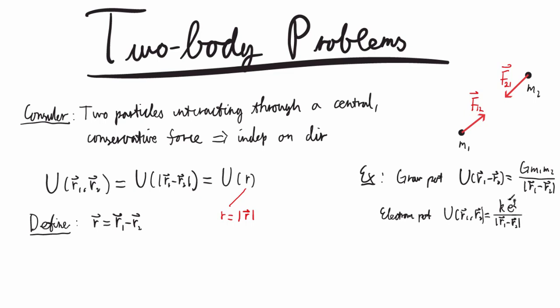So that's the potential between two particles that both have charge e. Because both gravitational and electromagnetic potential have this form, this type of problem describes a lot of things that happen in nature. Anything from the hydrogen atom to diatomic molecules to satellite planet systems to systems consisting of a planet and a sun. They're all described like this, with two particles interacting through a central force.